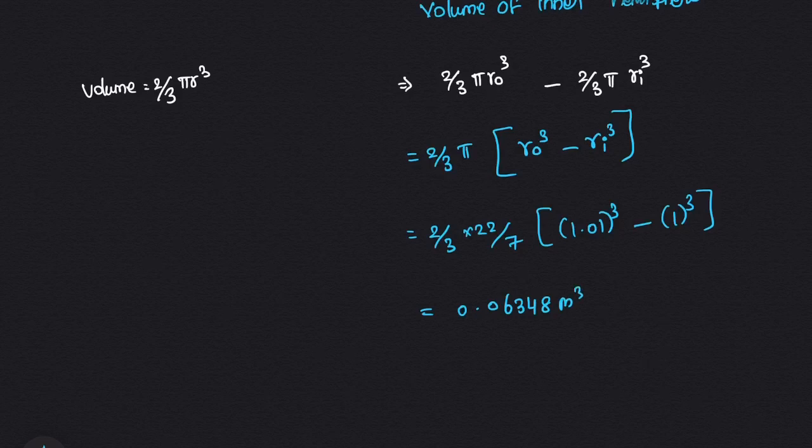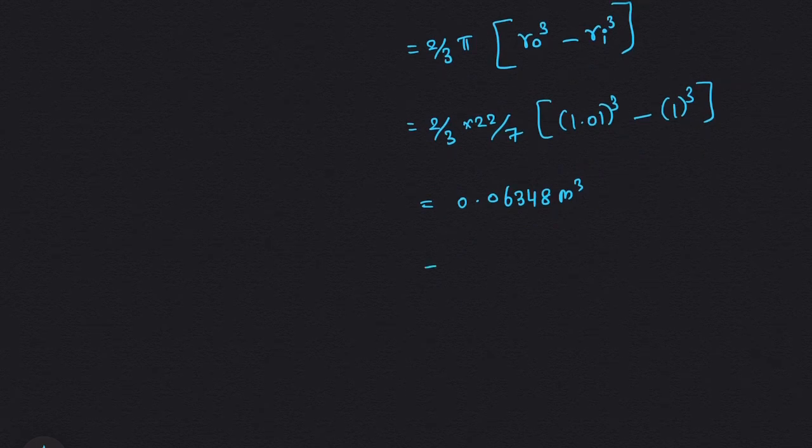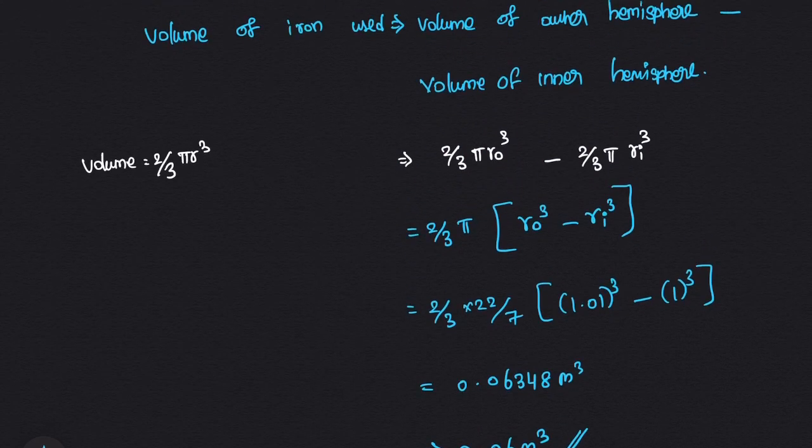But normally after the point, 2 digits is enough. So the final value is 0.06 meter cube. So this is the volume of iron used.